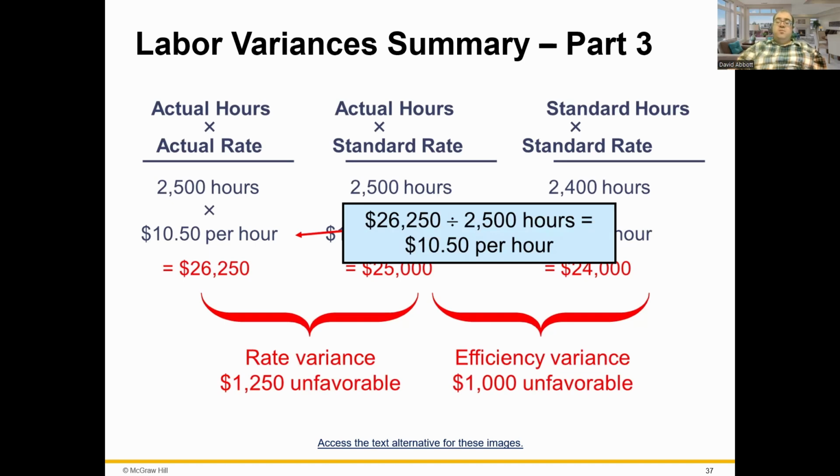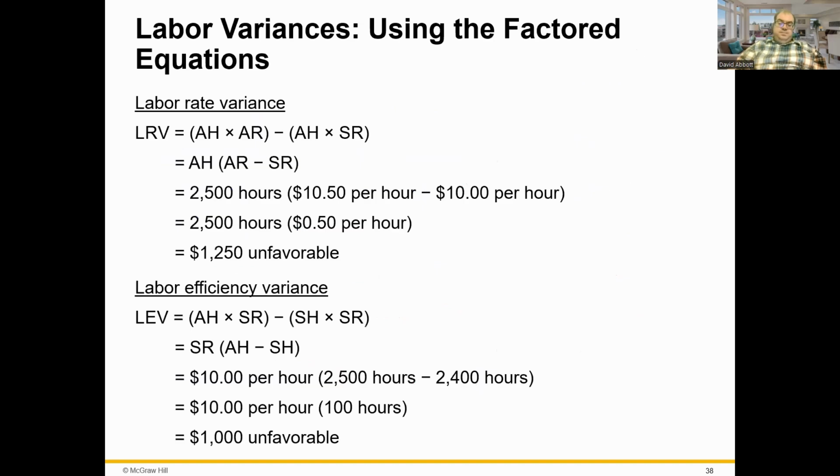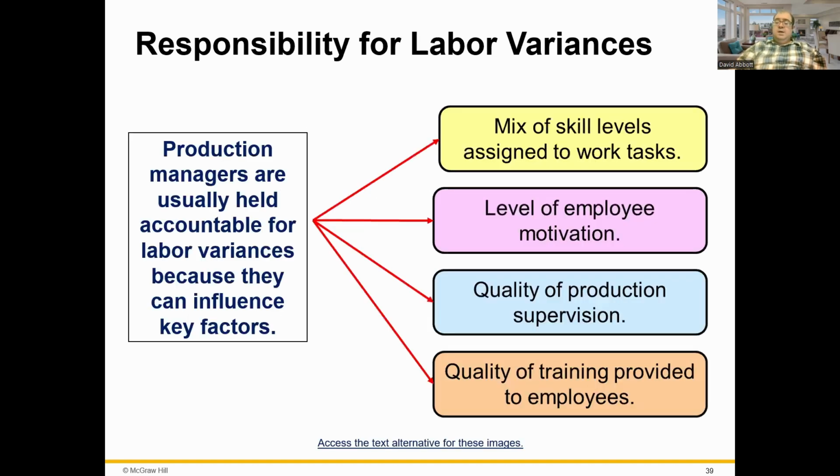So $26,250 divided by 2,500 hours, which is the number of hours that they used, gets us $10.50 an hour. And then factored equations can also be used in order to compute the efficiency and rate variances. Okay, so direct labor variances, points of clarification.